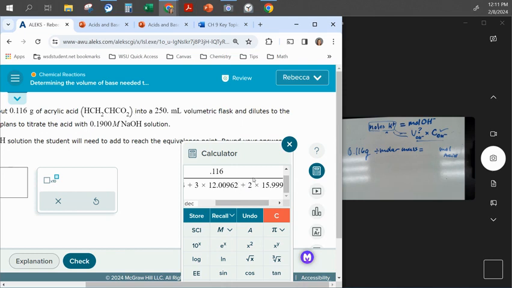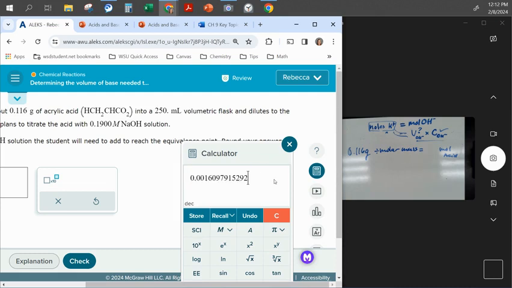This is going to give me the moles of the acid. I'm going to look at my acid. There's only 1 acidic proton, so I would be multiplying by 1. There's only 1 hydrogen for every 1 acid molecule, 1 of the acidic hydrogens.